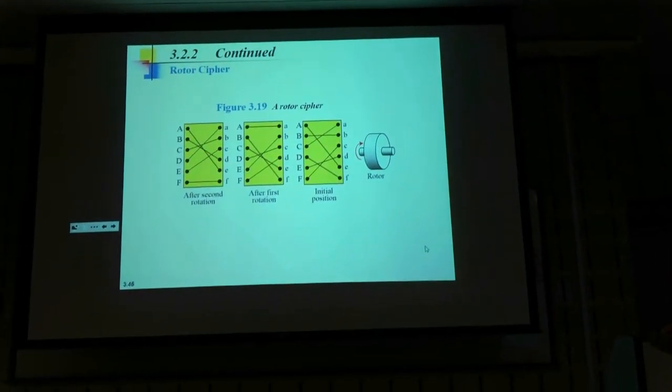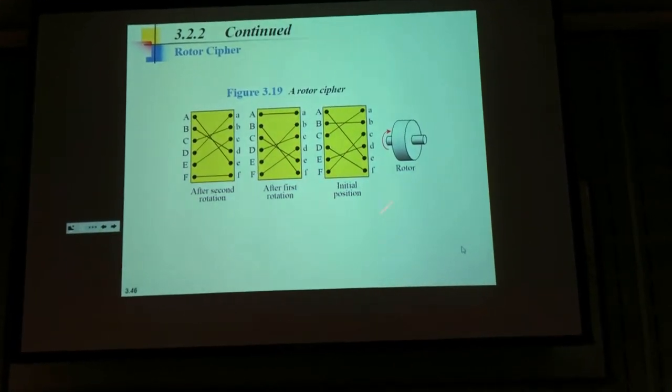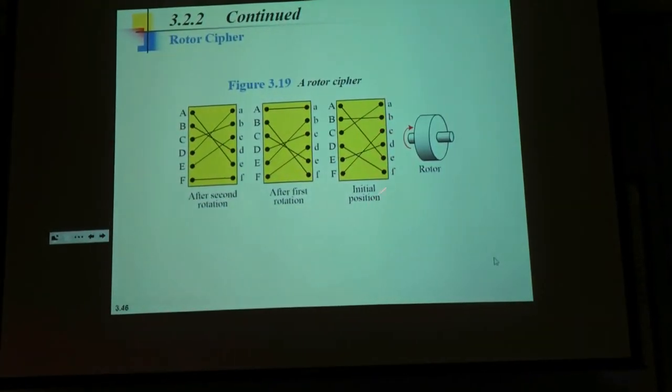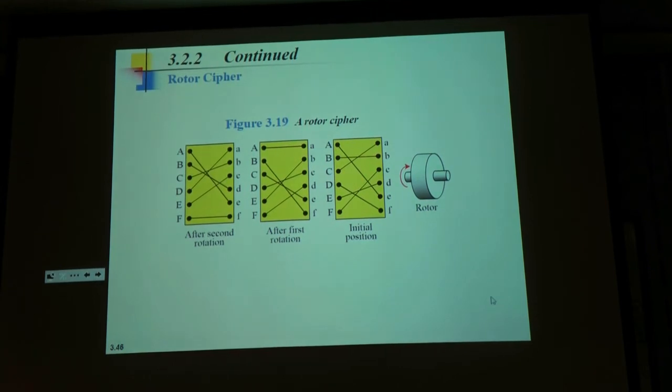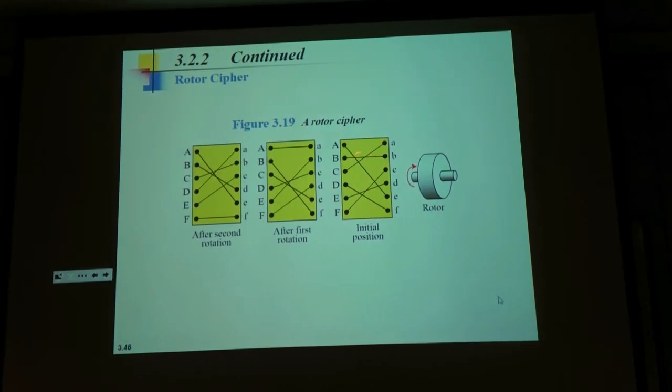So sometimes we have a one-time pad. Okay, another technique is like a rotor cipher. So this, for example, is initial for every character. So it's set up in a certain way. So after the first transmission, it rotates. So it will change. After 26 rotations, this will rotate once. And after 26 rotations of this, this will rotate once. Okay?